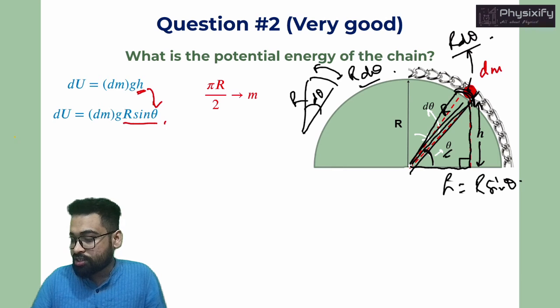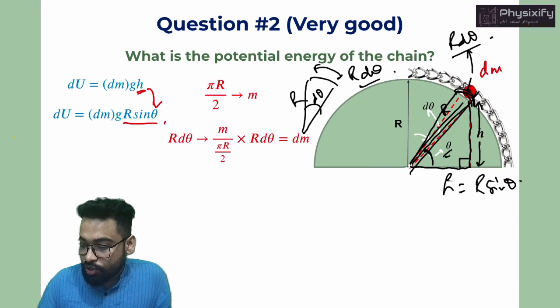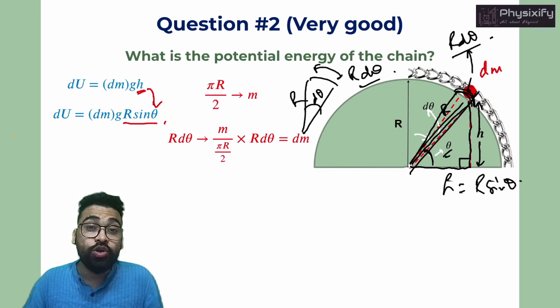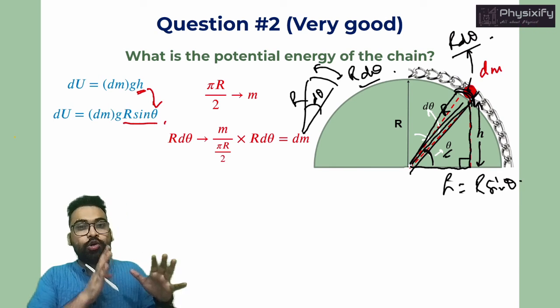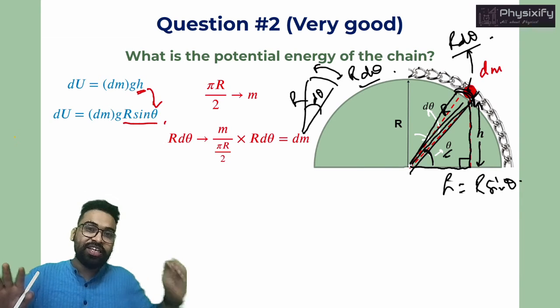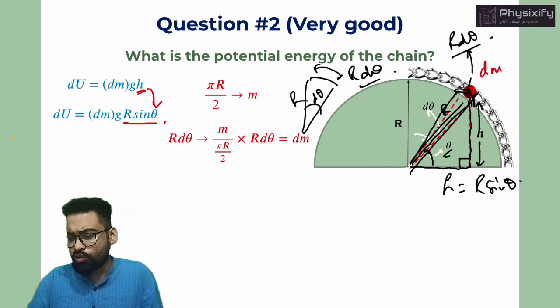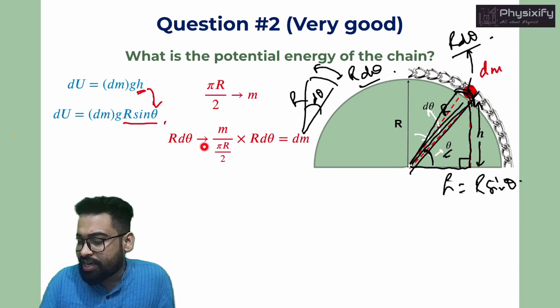And if you use this, you can say that in r d theta, how much mass would be there? This mass would be m divided by this thing into this thing. That is the unitary method for you: if in 2 meters length you have half a meter useful, then in x meters how much is useful? Once you use that unitary method, you get dm.